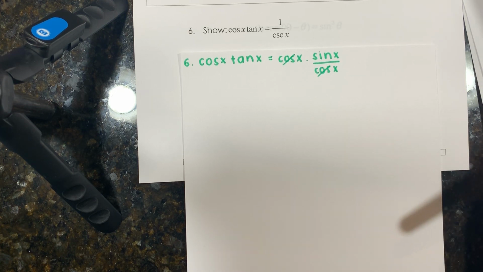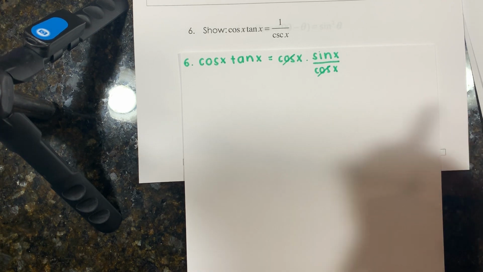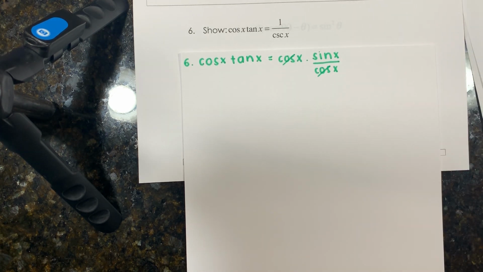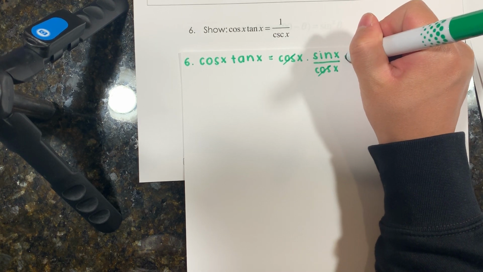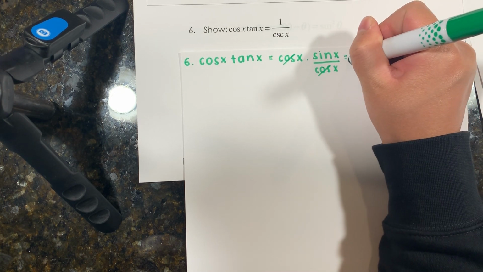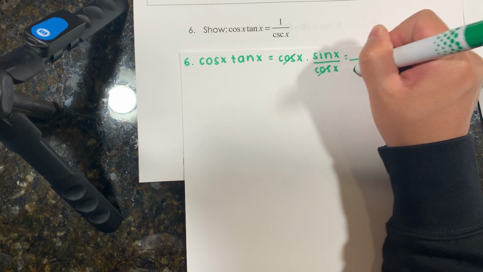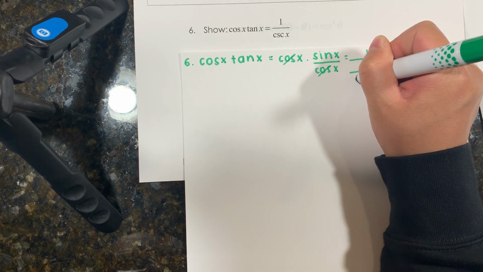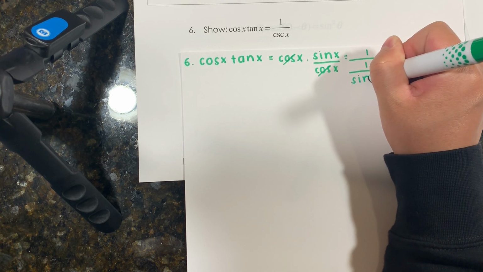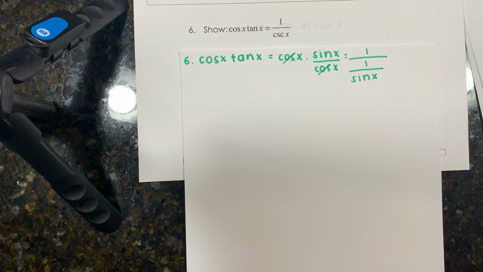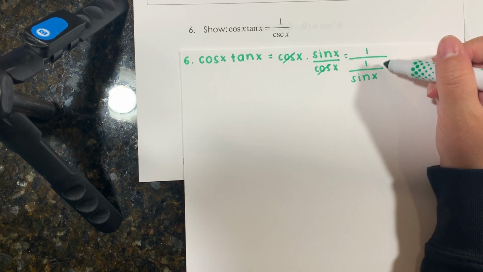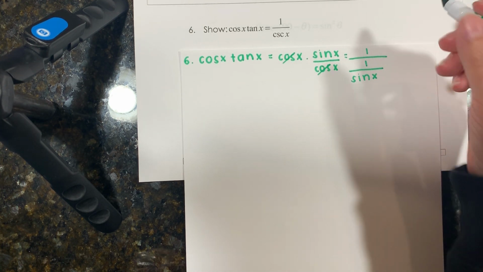Now what we can do is we actually know that the inverse of sine x would be the same as doing 1 over 1 over sine x. So if I multiplied it by the reciprocal, it would just be sine x.